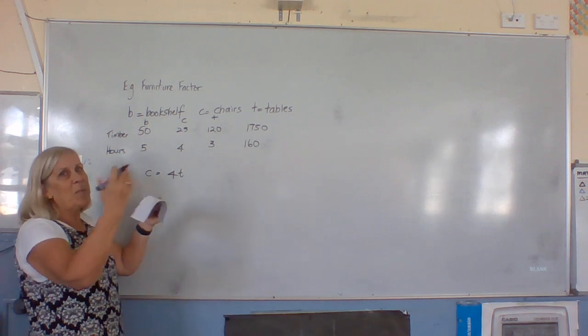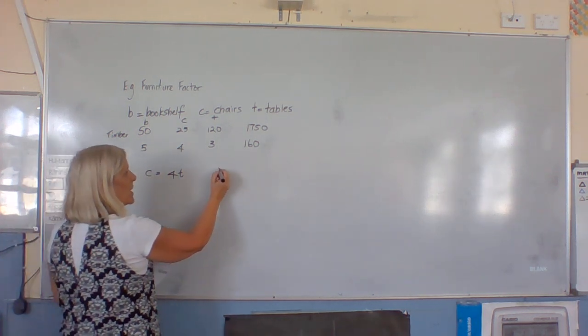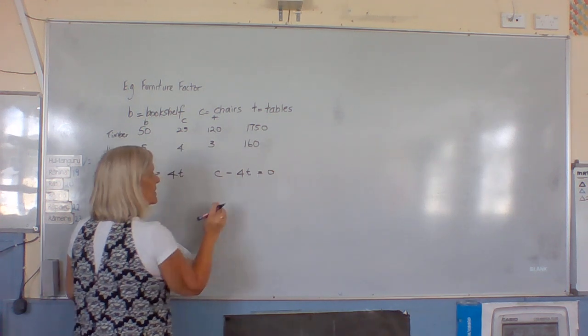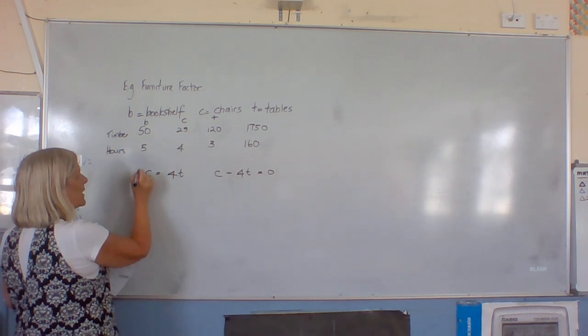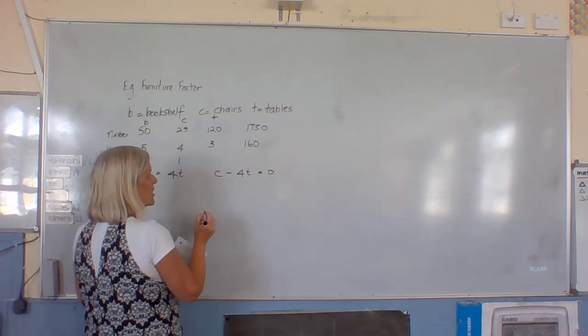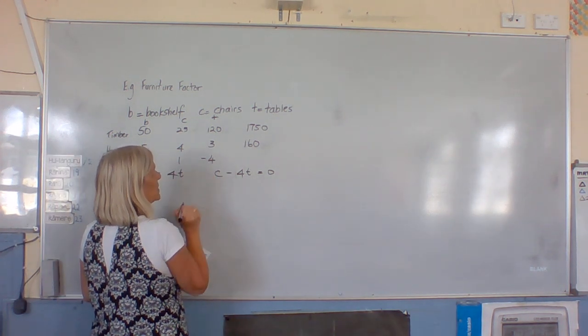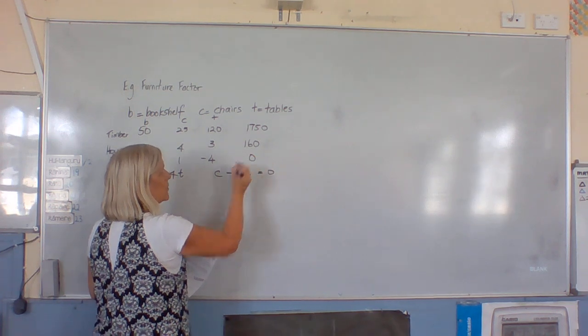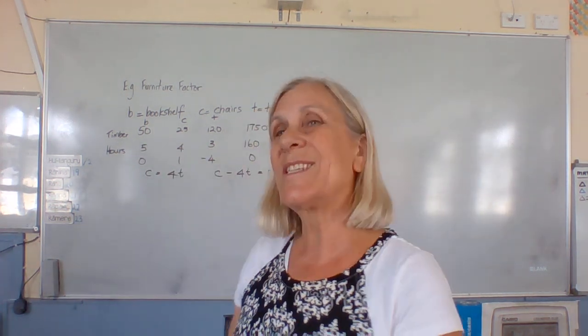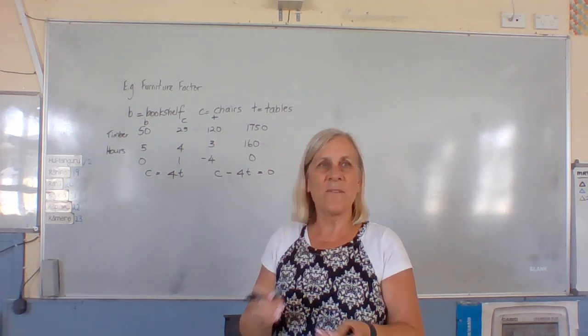So if we are making the C's and T's on the same side, we get C minus 4T equals 0. So filling in our table, we would have nothing here, no bookshelves, 1 C, 1 chair, negative 4 tables, and 0 here.